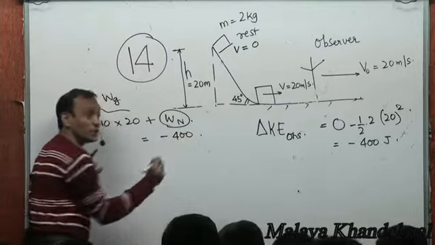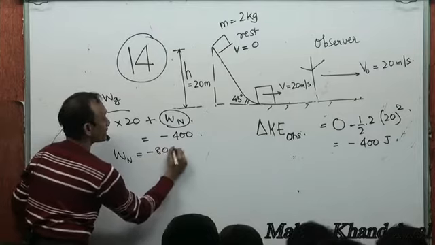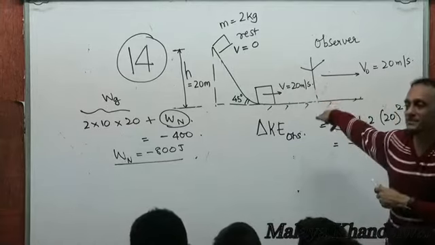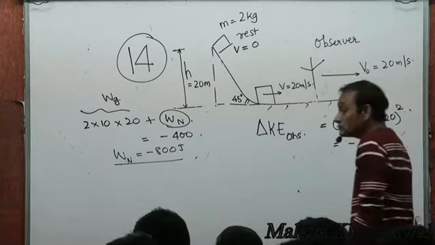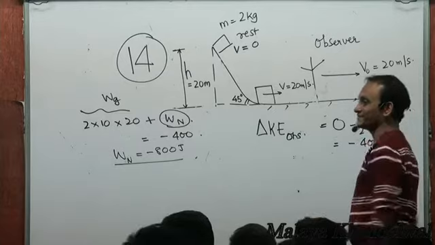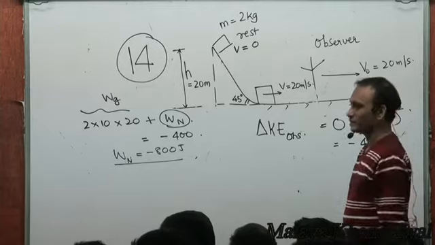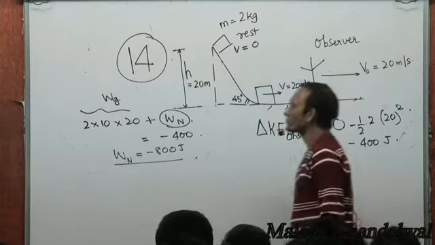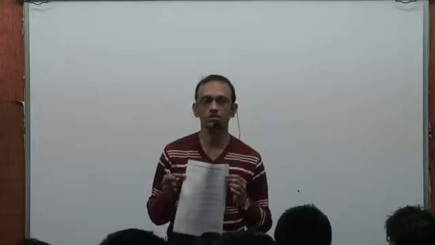So, the work done by the normal reaction in this frame of reference is going to be minus 800 joules, in a frame of reference attached to this observer. Yes, exactly. It will not seem to be moving like this, right? Its displacement would be inclined. All's good?